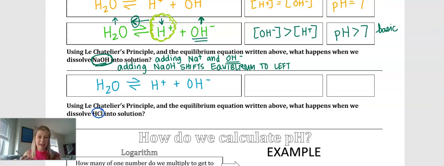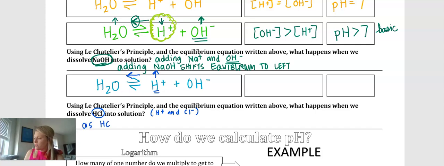Now, again, as I'm adding HCl into solution, that's really the same thing as adding H plus and Cl minus ions into solution. And so we're really talking about this H plus ion, okay? I add H plus into my solution, that causes the equilibrium to shift left, okay?